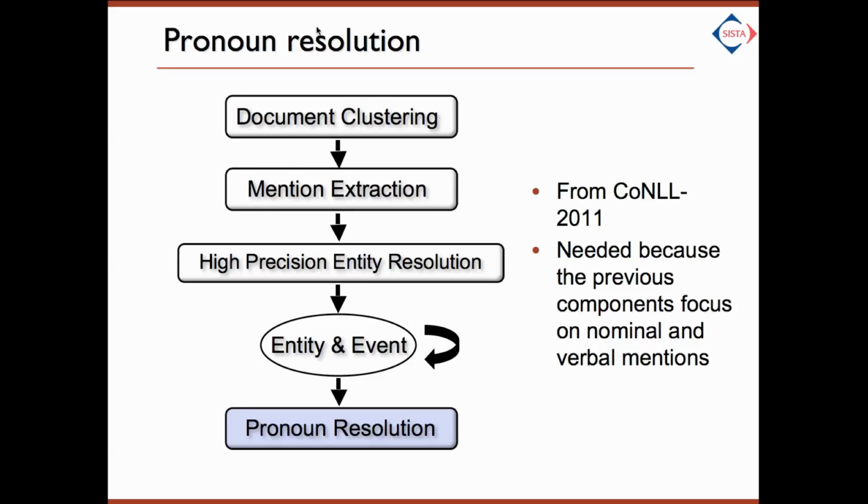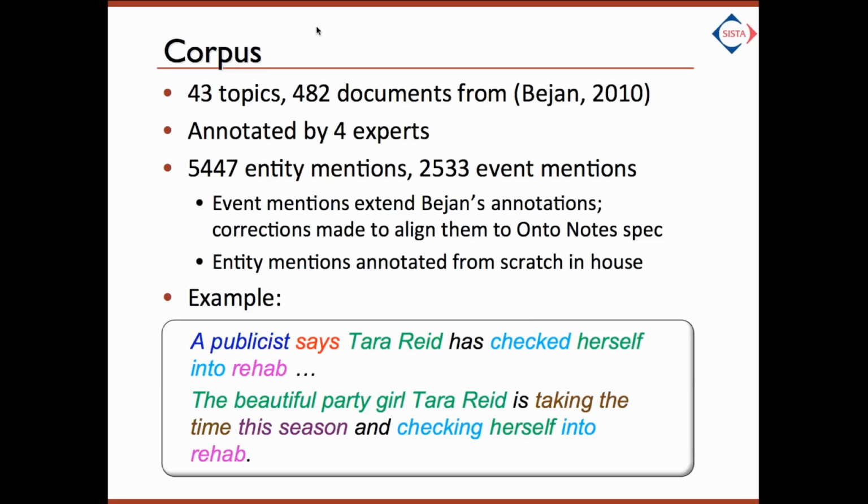Okay, corpus. This was interesting. So, like I said, almost nobody worked on joint entity and event resolution. So the first problem we had when we thought about this was, how do we evaluate what we do? And it turns out there was no data. There was a corpus developed by Hasler and Bejan at UT Dallas, which did a good job of annotating events across documents. So they annotated about 500 documents with 43 topics.